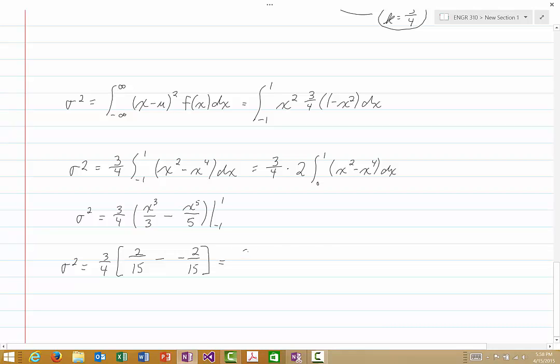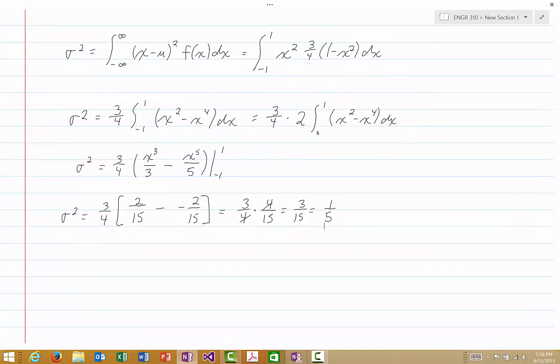And so we have 3/4 times 4 over 15, and the 4's cancel, and we get 3 over 15, or 1/5. So sigma squared, the variance for this continuous random variable, is 1/5.